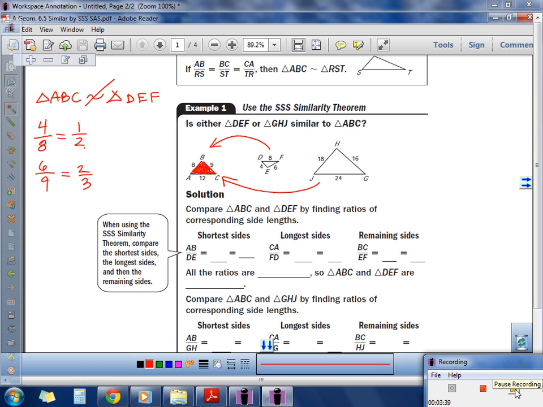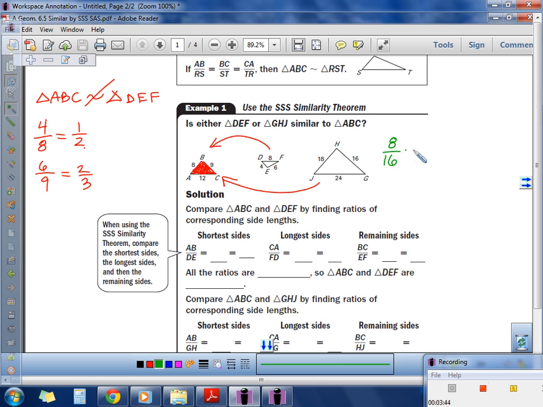Next up, we have to compare that GHJ triangle. So out of these two now, which one's smaller? The ABC is smaller. And what's the smallest on ABC? 8. And I just like picking the smallest one first because it makes nice, neat little fractions compared to improper fractions. So 8 is going to correspond to what over here? 16.